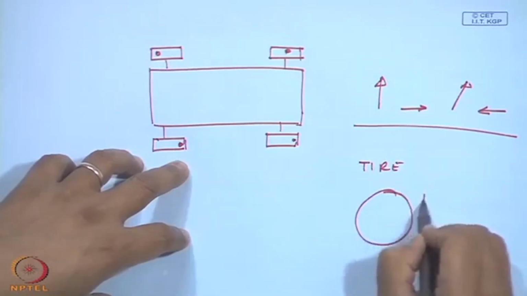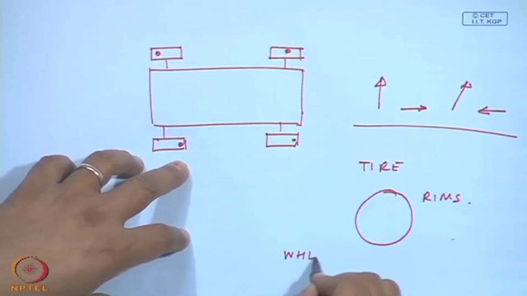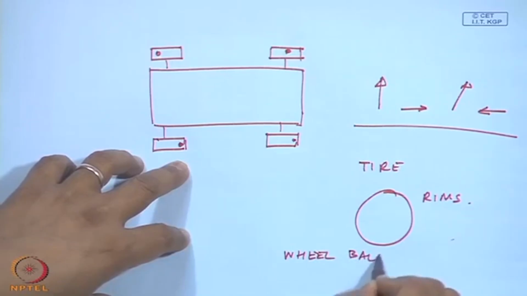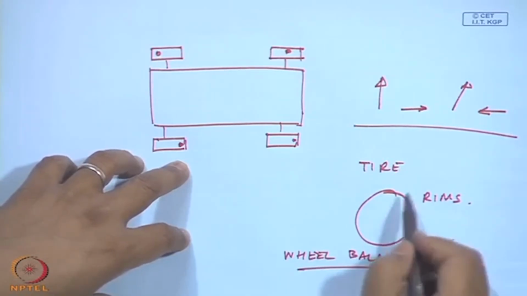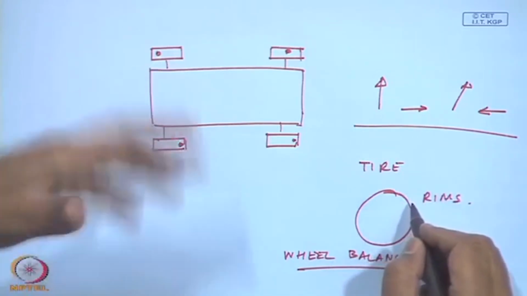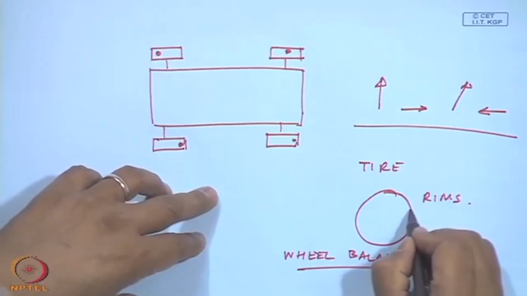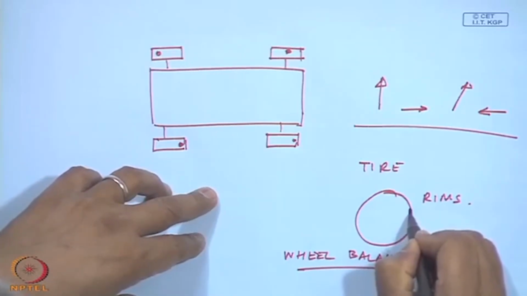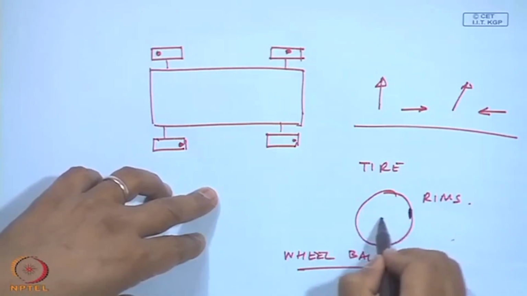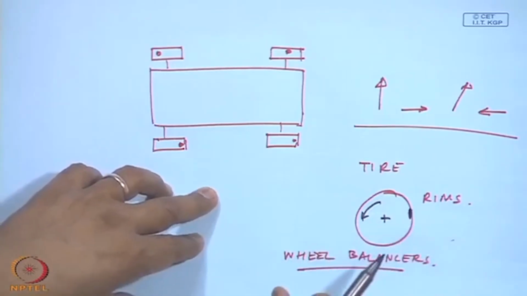If you go to any automobile garage, they have wheel balancers. They advertise that, and if you go to the cast steel wheels, you will see a small amount of weight given here, because after the balance they would have attached a balancing weight to it.